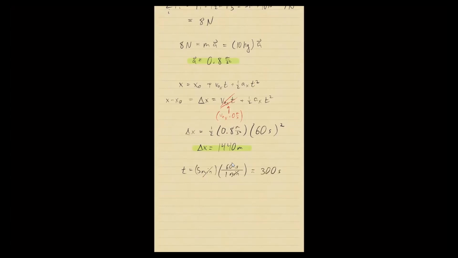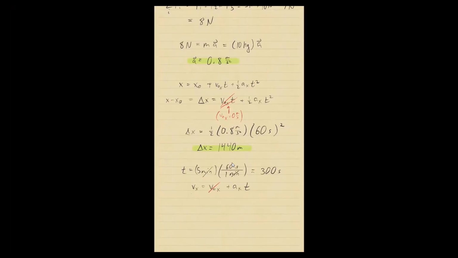And we can find our final velocity relatively easily because we know that our final velocity in the x direction is equal to our initial velocity in the x direction plus our acceleration in the x direction times time. Now again, our box starts from rest, so this term is 0.